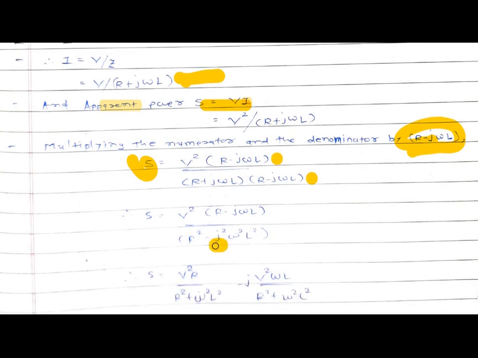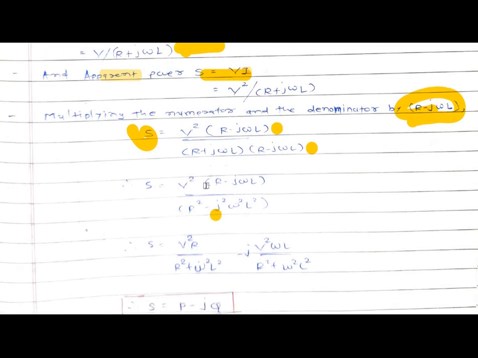We know the value of j square is minus 1, so minus minus becomes plus. Our equation will become V square R divided by R square plus omega square L square, minus j V square omega L divided by R square plus omega square L square.